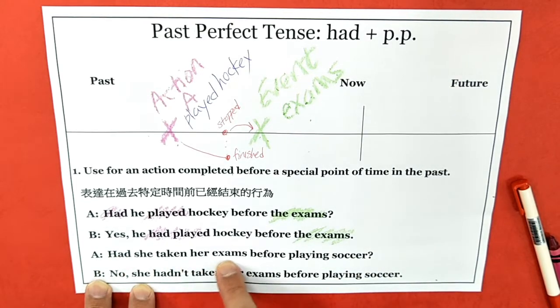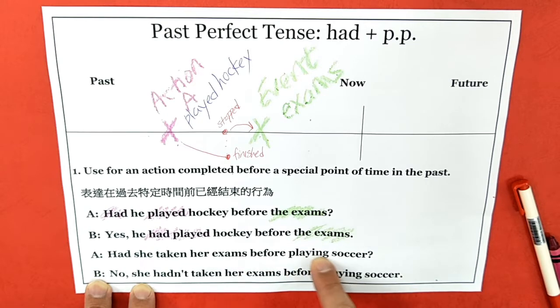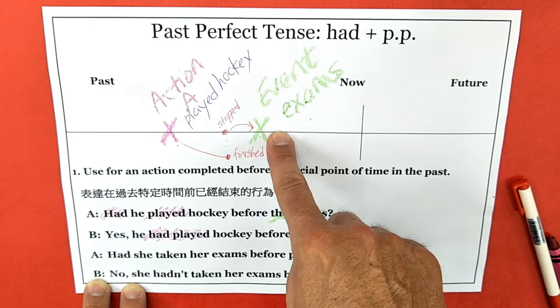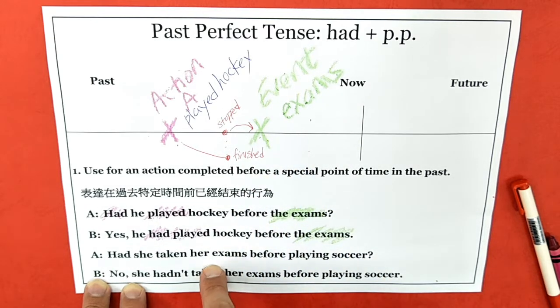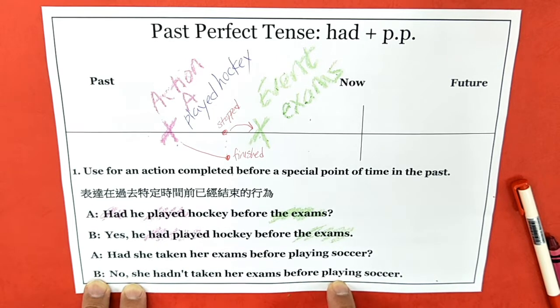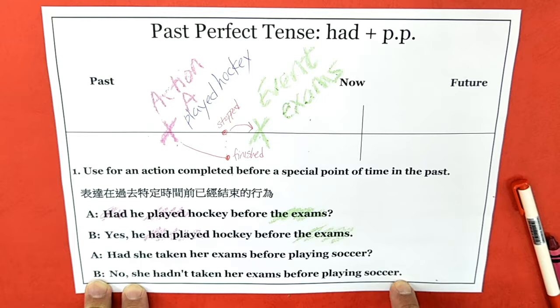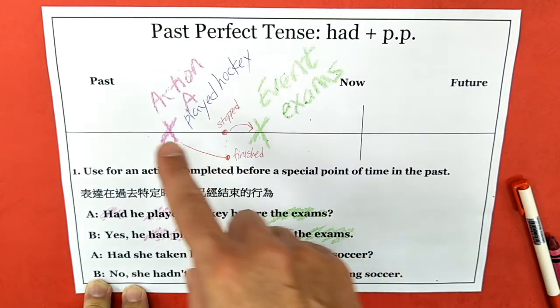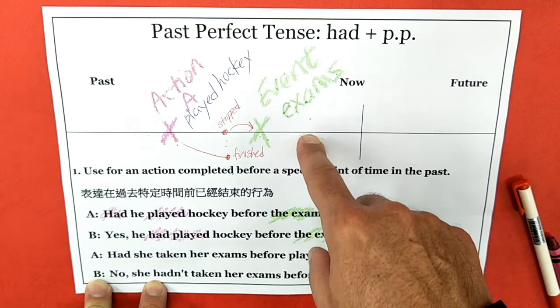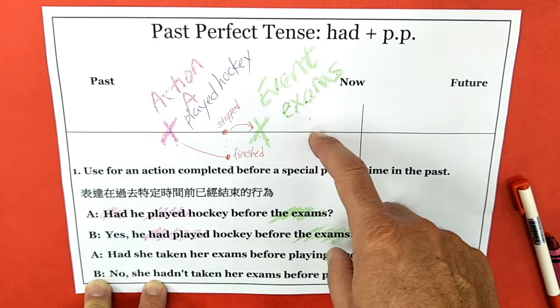Had she taken her exams before playing soccer? The event is playing soccer. The action is taking the exams. No, she hadn't taken her exams before playing soccer. Okay, so once again, we have an action that happens before an event or a time in the past.